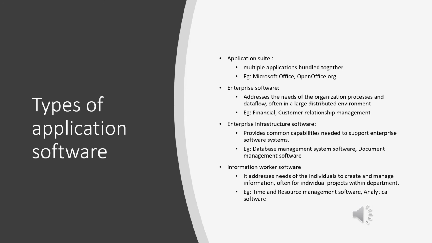Then the second one is enterprise software. Enterprise software addresses the needs of the organization's processes and data flow, often in a large distributed environment. Let me give you an example, this is just an example, don't write it in the exam. Say we are talking about the Reliance company.